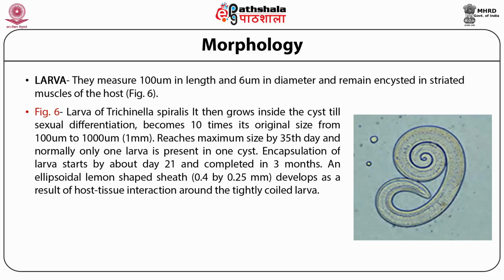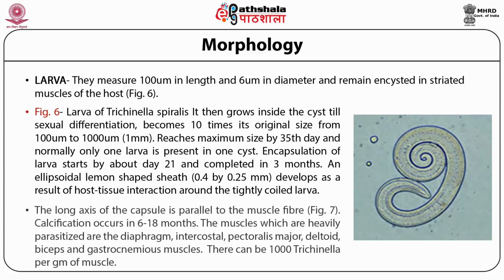Encapsulation of the larva starts by about day 21 and is completed in 3 months. An ellipsoidal lemon-shaped sheath develops as a result of host tissue interaction around the tightly coiled larva. The long axis of the capsule is parallel to the muscle fiber. Calcification occurs in 6 to 18 months.